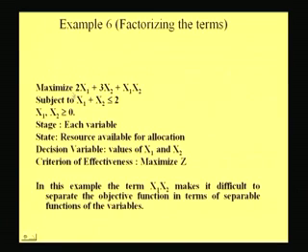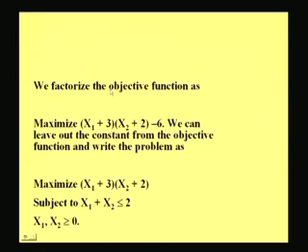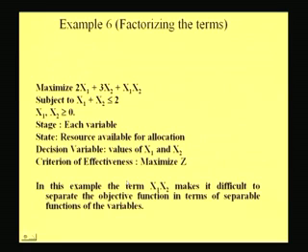Now, if the function is such that we can factorize it, then we have to use it to our advantage and then convert the objective function into this form where we can separate the x1 terms and the x2 terms. In this case, it turned out to be a product of a function of x1 and a function of x2. If we had started with this, then it would have become very difficult.